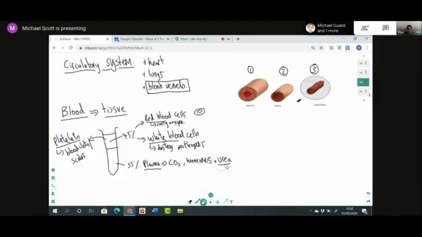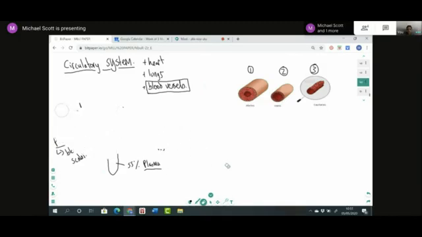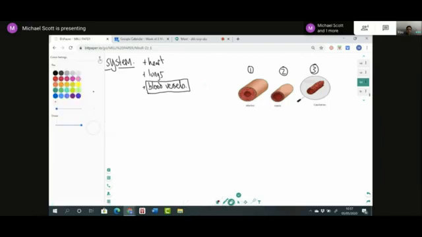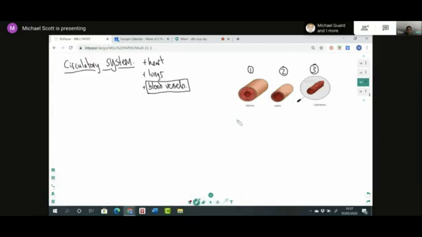I'm going to rub the rest of this out because I need that space to write on. So blood vessel number 1, and I'll use a nice red color, is called an artery.